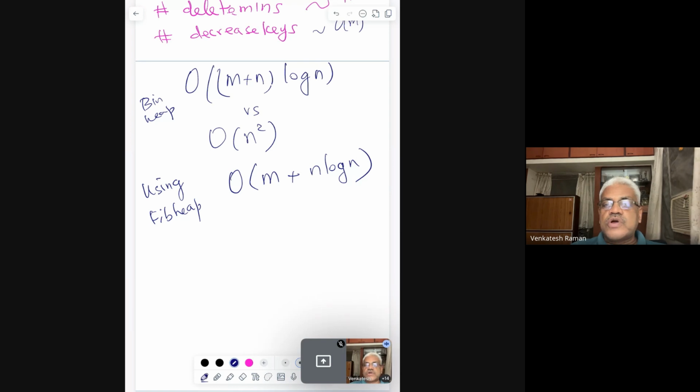Next question talks about Kruskal's minimum spanning tree algorithm with and without using the disjoint set union-find data structure. So again, very similar.